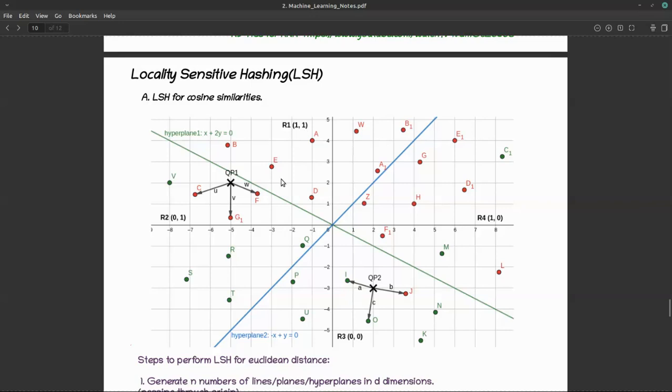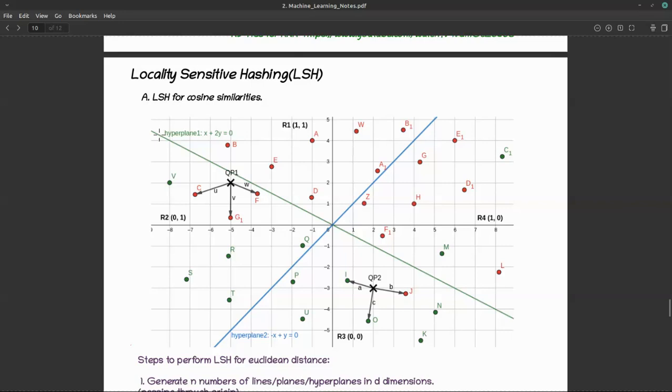And what it will do is divide my space into some regions, and for each region I can give some code, right? And how this code is given: let's take this hyperplane x plus 2y equal to 0. This hyperplane is nothing but 1, 2, right? W1 is equal to 1, W2 equal to 2, passing through the origin. That's why W0 or B is 0.